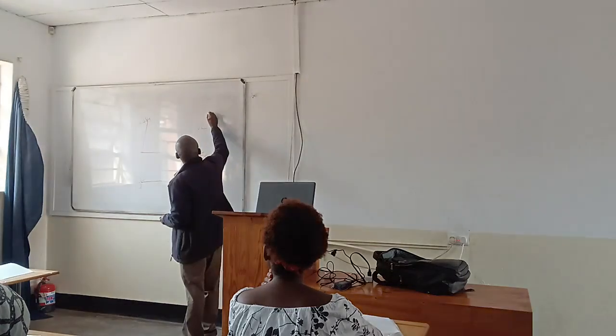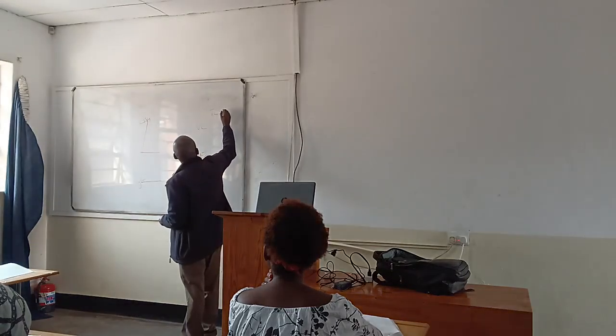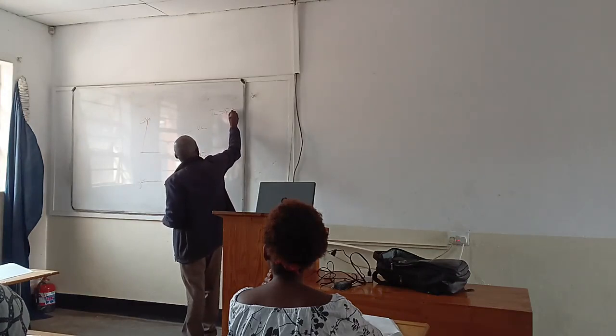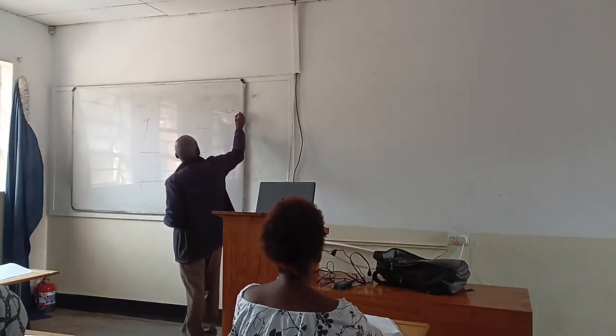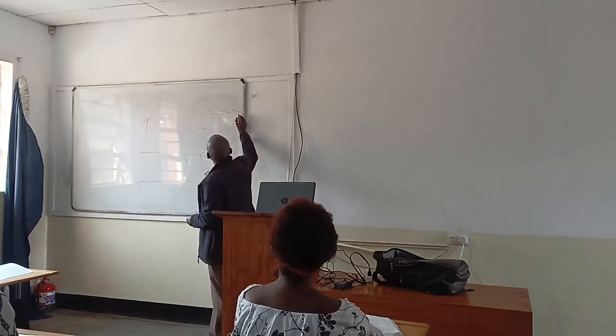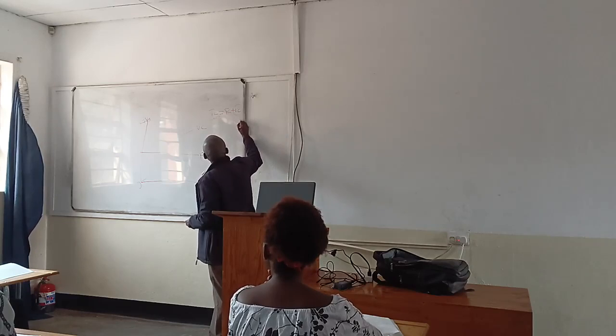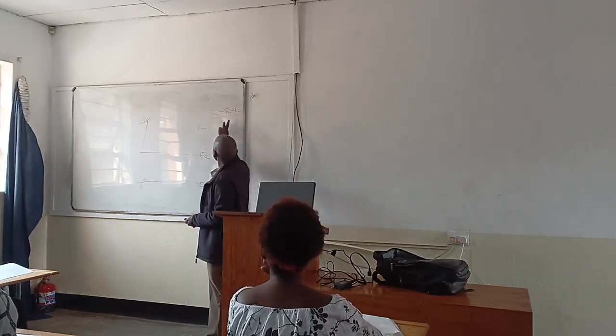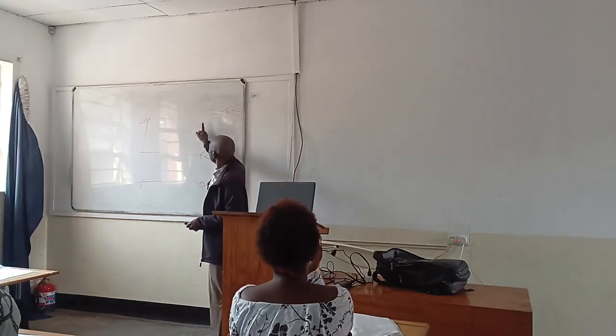So if you say total cost will now be equal to fixed cost plus your variable costs. Now, this total cost will always be there, even if you are not producing, even if this is zero. If your variable costs are 0, it means you are not producing anything. So your total cost will just be equal to your fixed cost. Right?